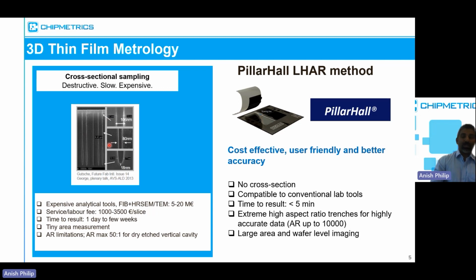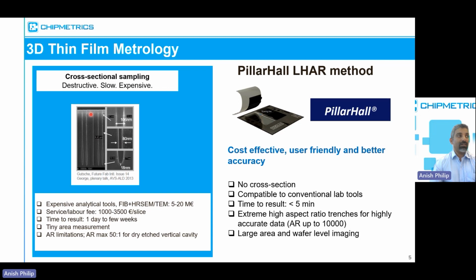And for this cross-section you need some experts to get a very clean cleavage. And you need to utilize very tedious devices like focused ion beam or high resolution SEM or TEM, and that can be very expensive. And also you get the data only from a very sliced part of your sample. You don't get full coverage.